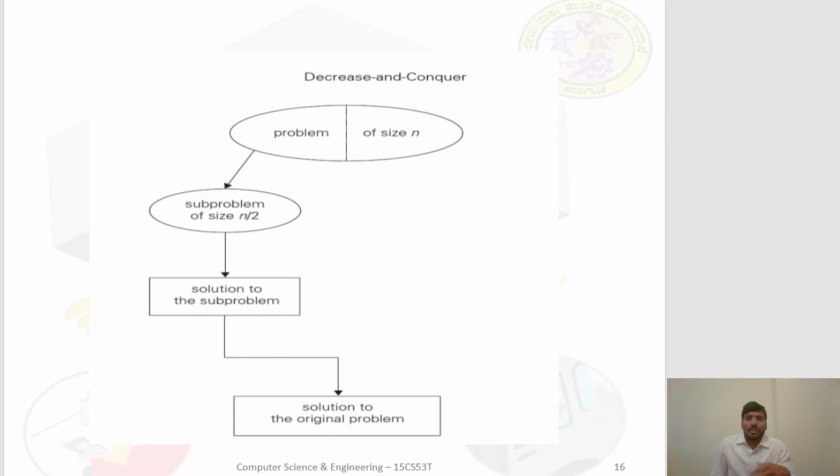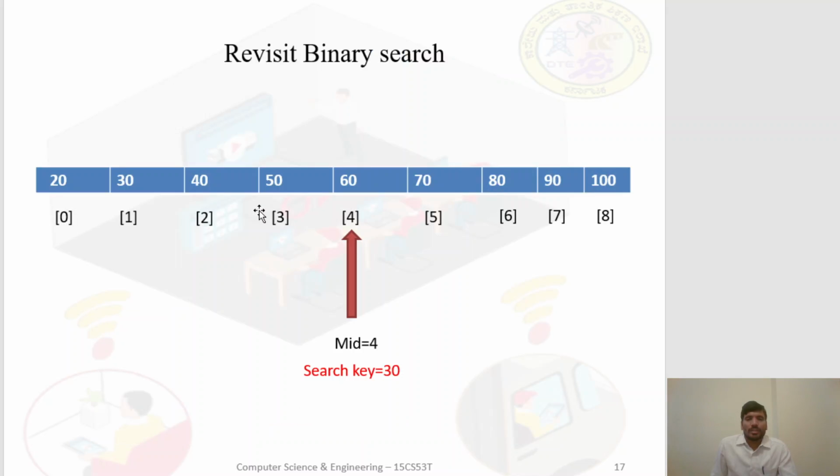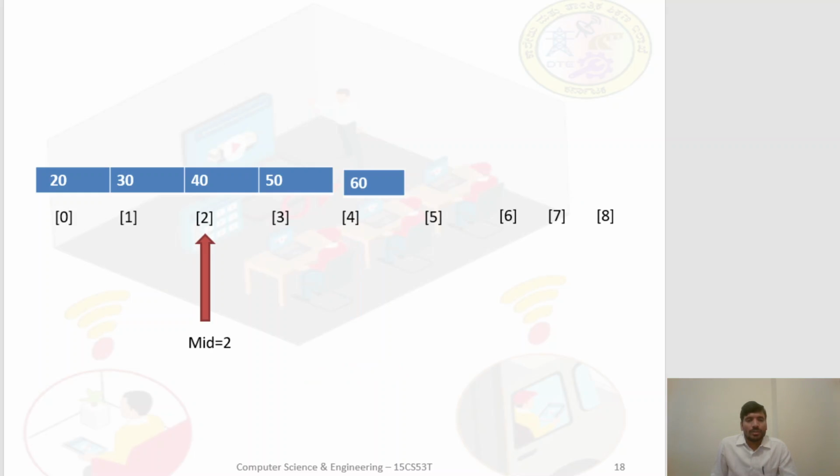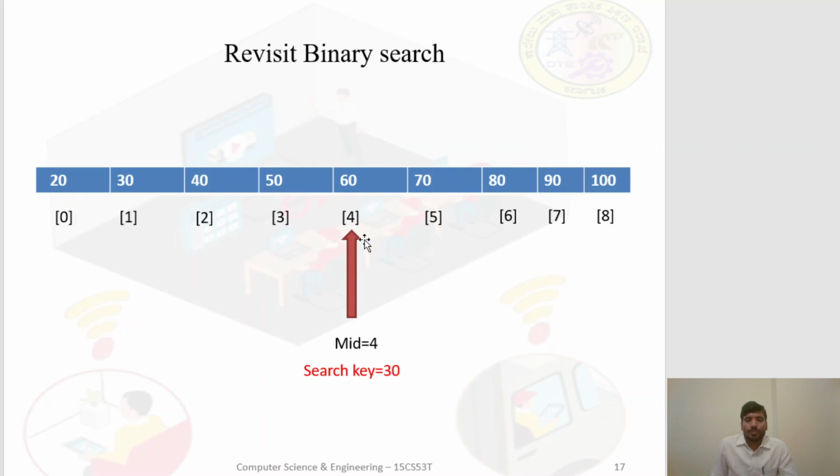So let me revisit the binary search. What did we do in binary search? The entire size of the array, we divided it by 2 to find the mid value, that is low plus high divided by 2. So every time we keep dividing by 2. So here first, if we divide by 2, the mid value will become 4.